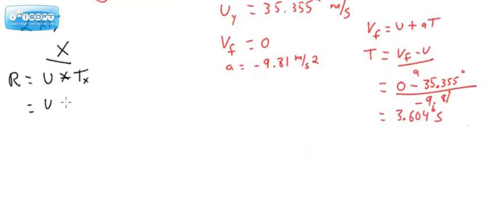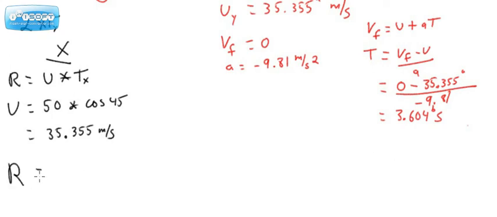Remember, my u is going to be equal to 50 times cos 45, which is equal to, just by chance, because cos 45 is the same as sine 45, 35.355, the same meters per second.